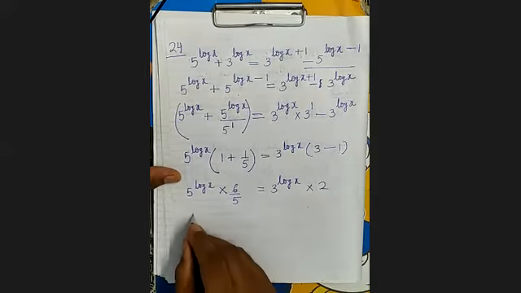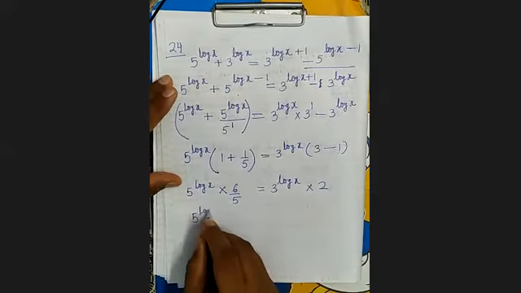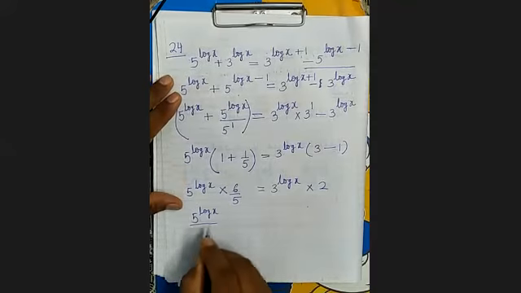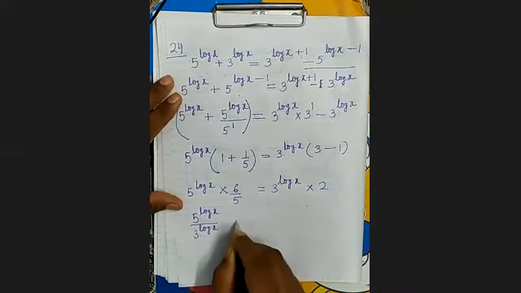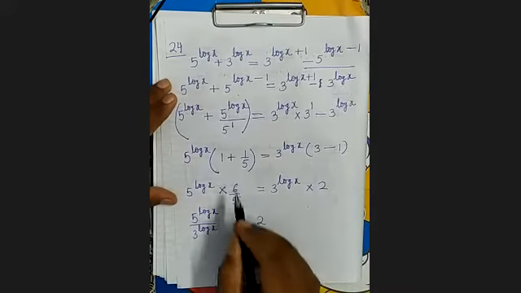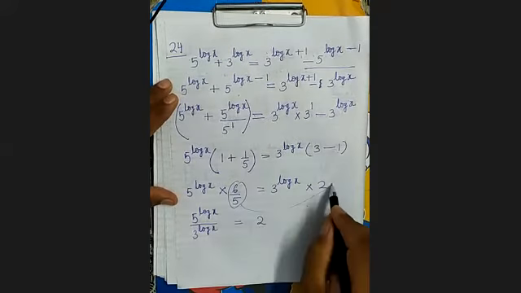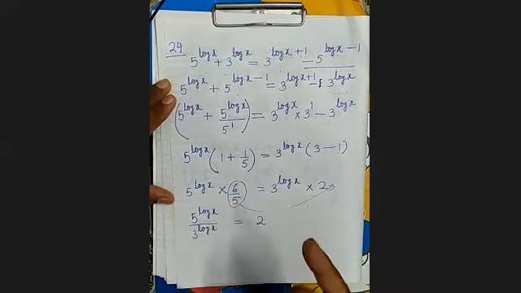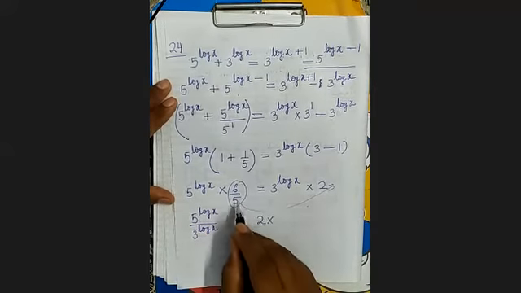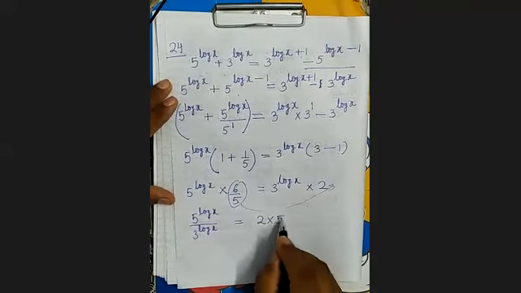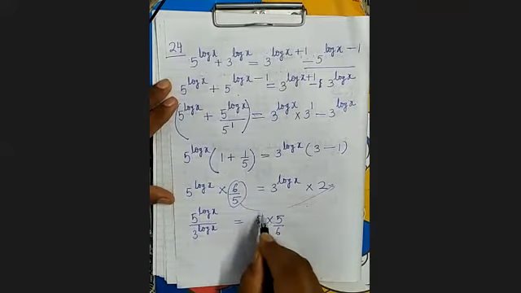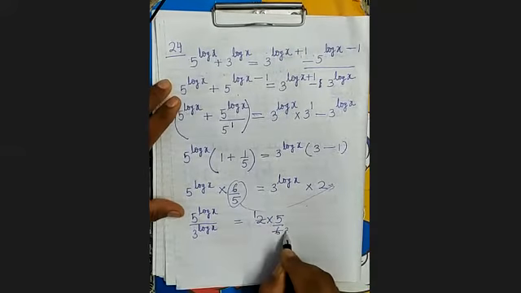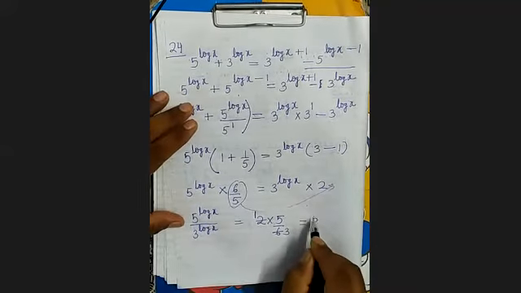So it will be 5 to the power log x upon 3 to the power log x equals 2. And when you take this to that side, it will reciprocate and multiply. So 2 1s are 2, 2 3s are 6. That is 5 upon 3.